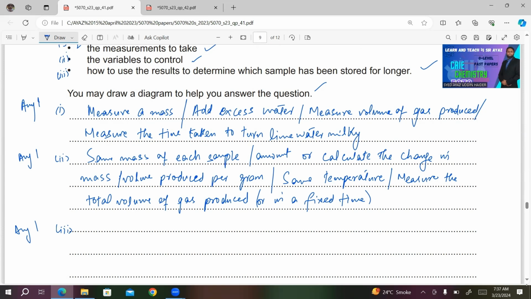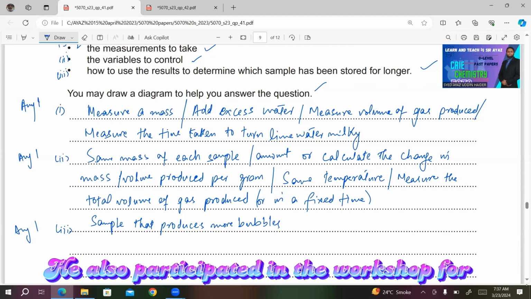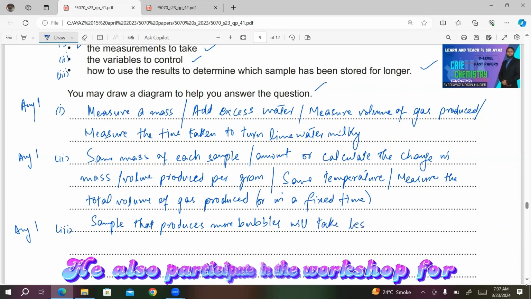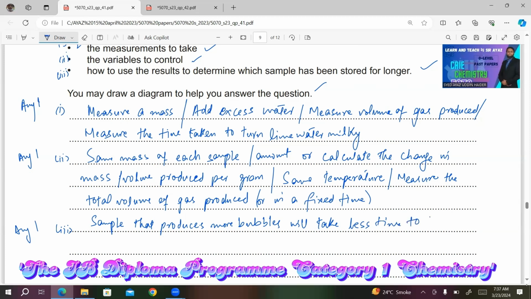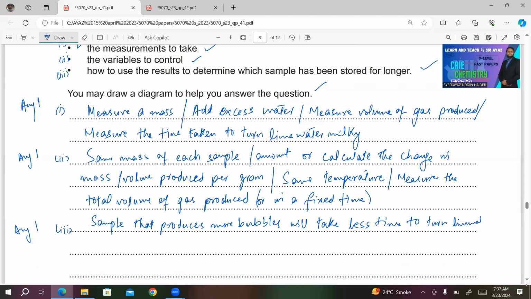So sample that produces more gas, more bubbles, will take less time to turn lime water milky, is stored for less time.